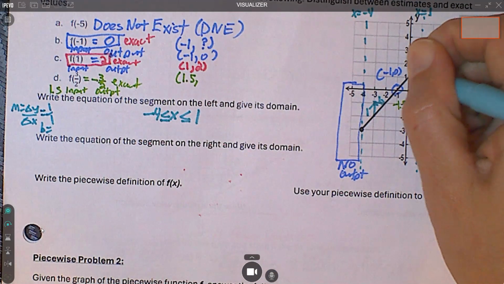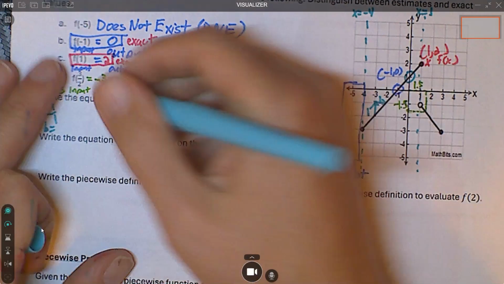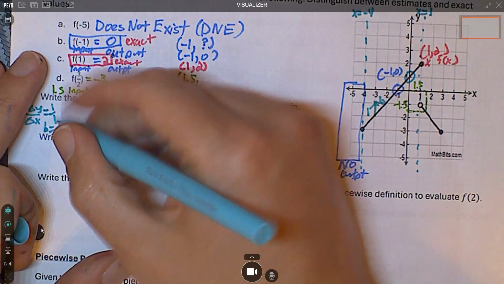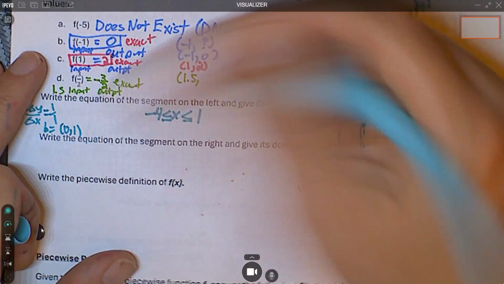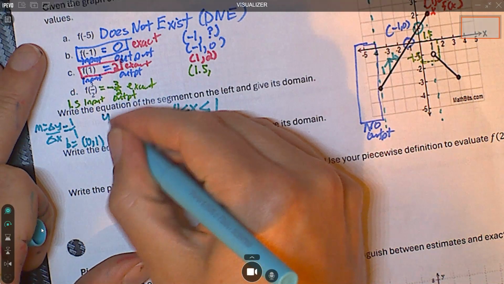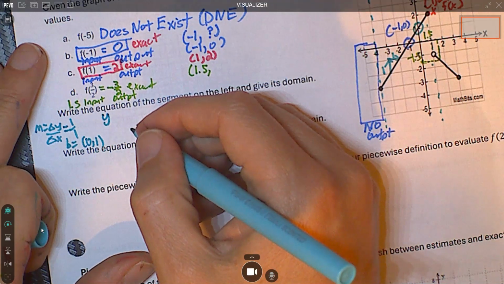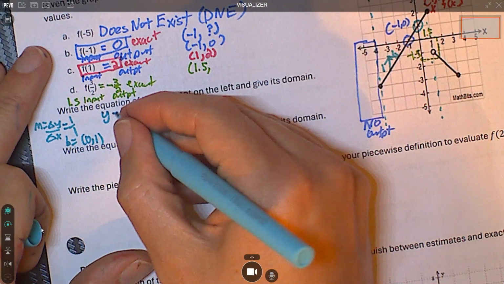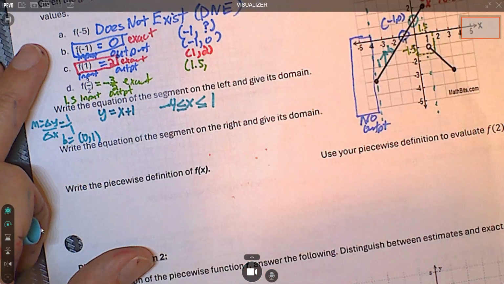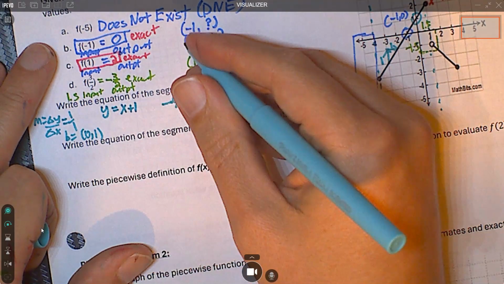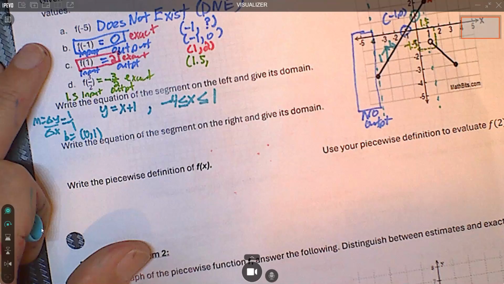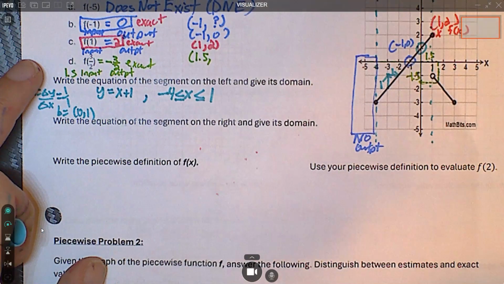Here's b. So you'd say y equals x plus 1 for the domain of -4 to 1.